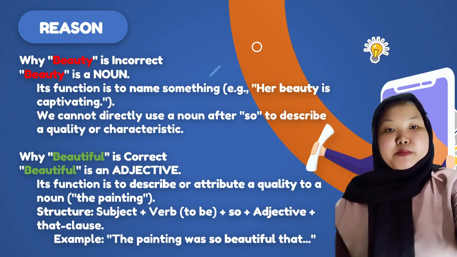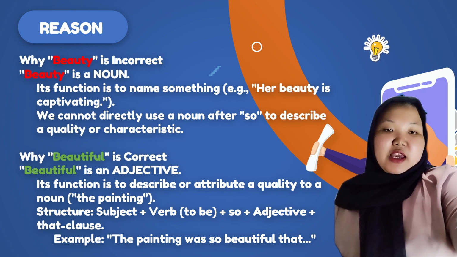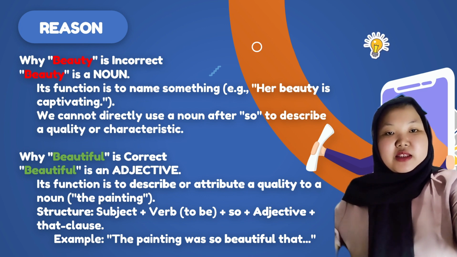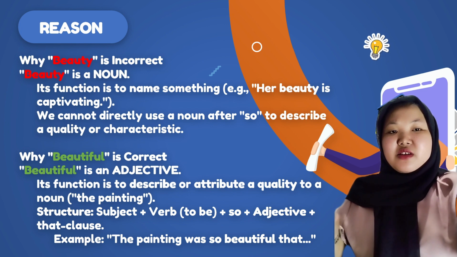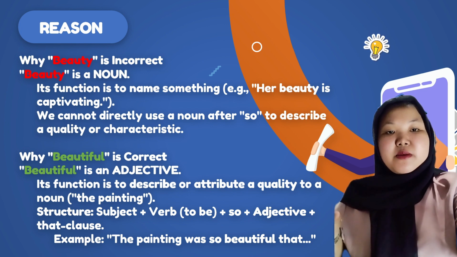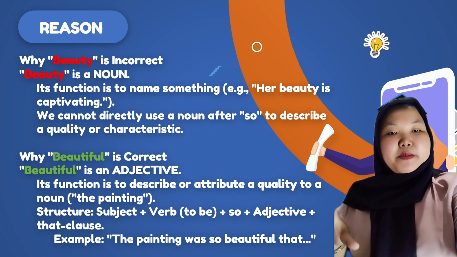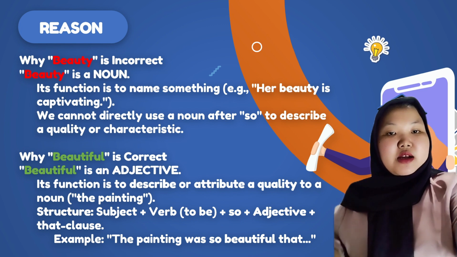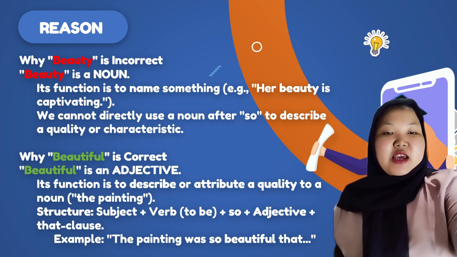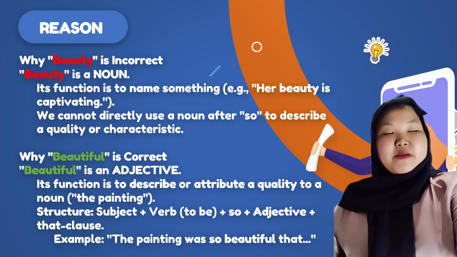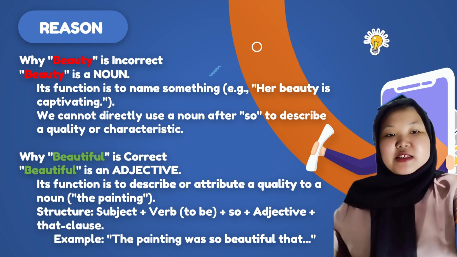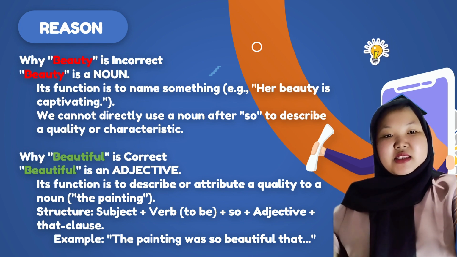Why is beauty incorrect? Beauty is a noun, which means its function is to name something, not to describe it. For example, her beauty is captivating. In this sentence, beauty is the subject.